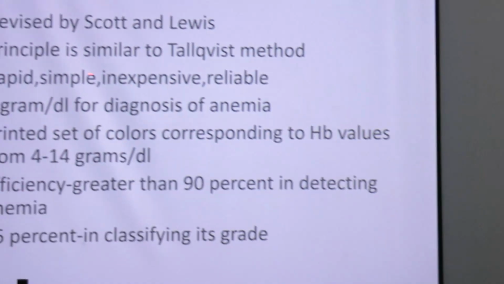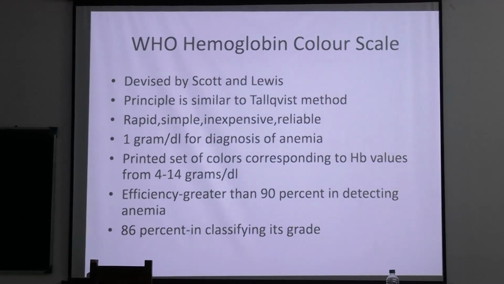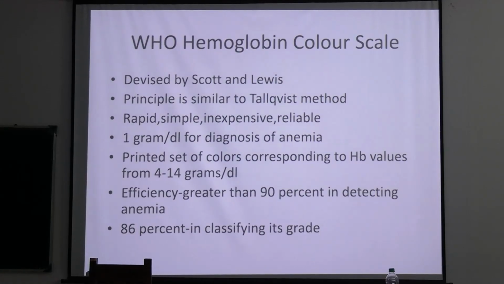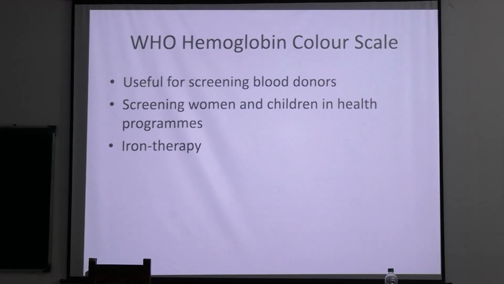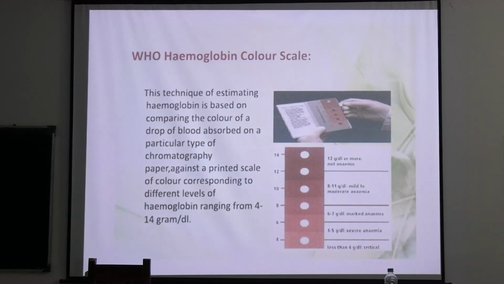It can also be used in blood donation camps, where we have to do screening of 125 donors like that. Then the hemoglobin color scale is a useful method. Its efficacy is greater than the Talquist method. This is the hemoglobin color scale.